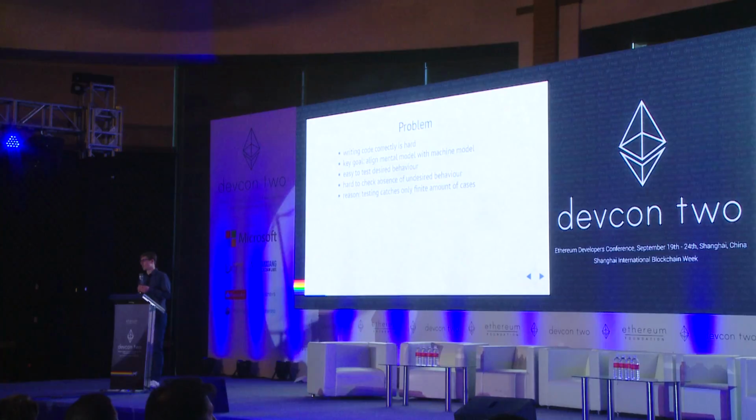So you cannot use unit testing to show that it's impossible for a malicious actor to withdraw money from your smart contract. The reason is that you would have to check all possible ways to call the contract, and that's an infinite number. Testing can only do finitely many cases.